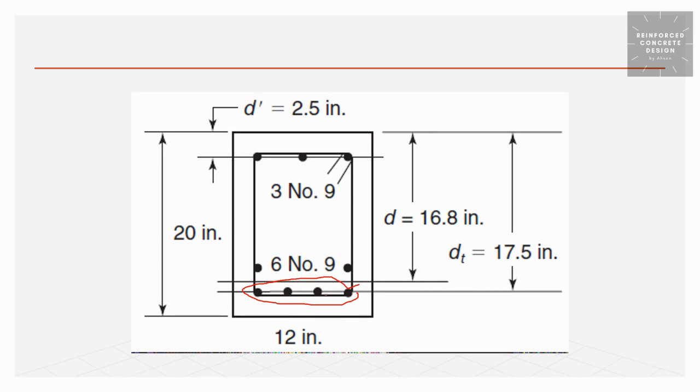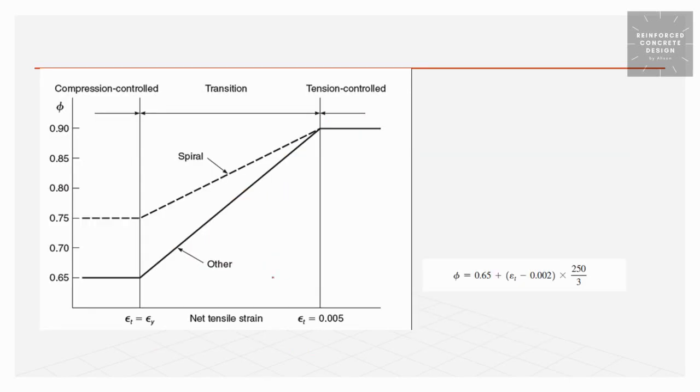So now we consider that there is tension in the bottom face of the beam and both the layers of reinforcement are in tension. So we find out the value of strain in this layer of reinforcement. Now if that strain is equal to 0.005 or greater than 0.005, the phi value will be equal to 0.9.